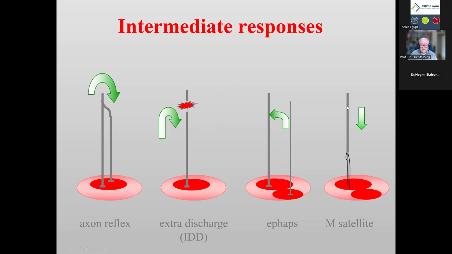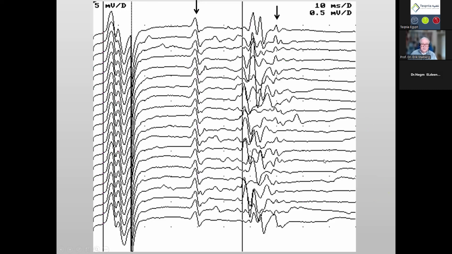Some of them perhaps are not due to this phenomenon, but the mechanism can also be a late signal conduction in terminal nerve trees. In CIDP, we have much more of this. We call it M satellites, that we have a problem distally. We can differentiate the two, but I don't go into that.